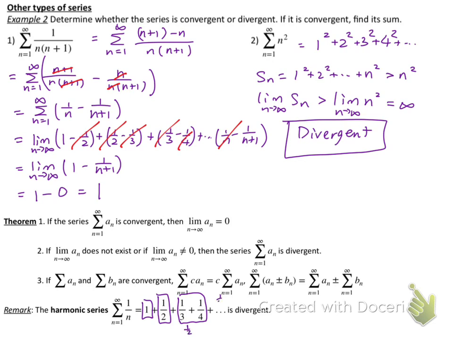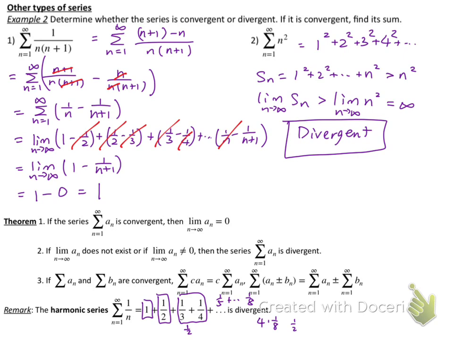Then you look at 1/5 all the way to 1/8. That's greater than 4 copies of 1/8, which is another 1/2. The next number will be 1/16, and you have 8 fractions that are at least 1/16, add them up, another half. So you keep adding 1/2 forever, which makes it divergent.